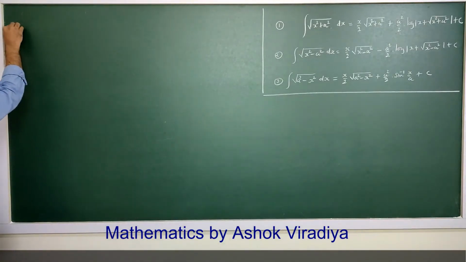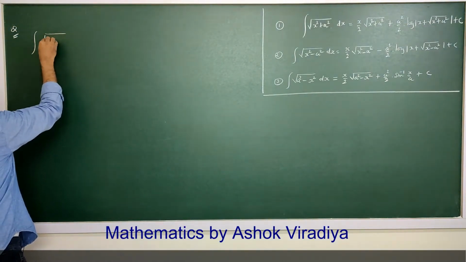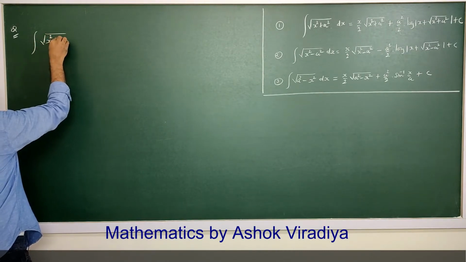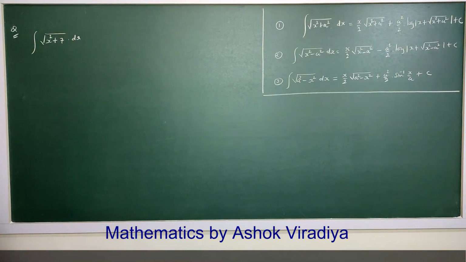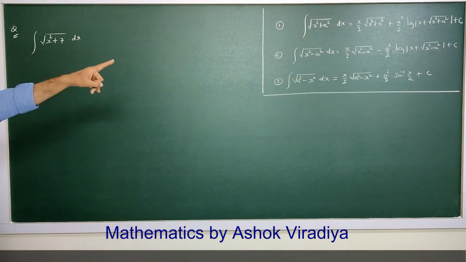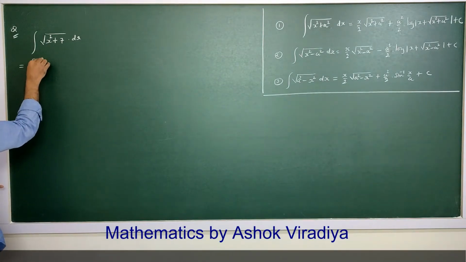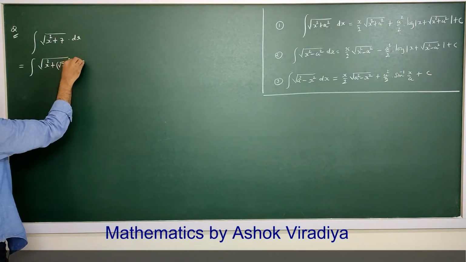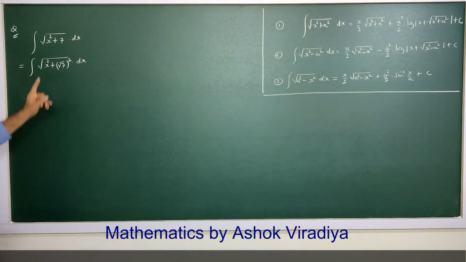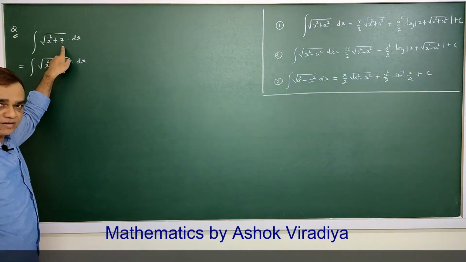Suppose the question is integral of root x square plus 7. We want to integrate root x square plus 7. You can find it matches the first formula. So this can be seen as root x square plus root 7 whole square. 7 is root 7 square; 7 is not a perfect square, and it is not necessary that it should be a perfect square number.